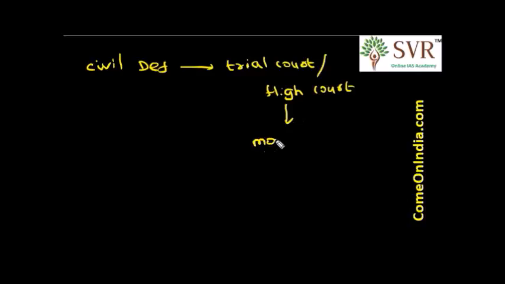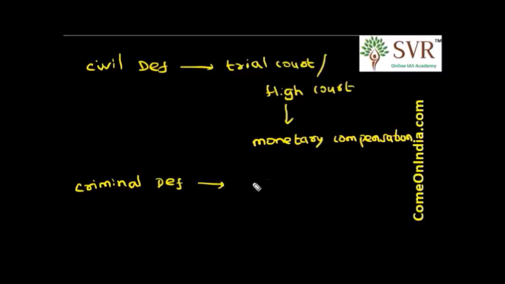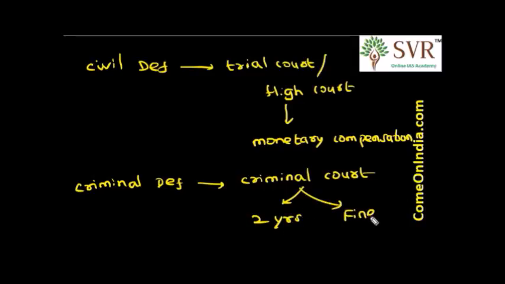So under civil defamation, only monetary compensation is sought, whereas in criminal defamation, a defamed individual has to move the criminal court. If the case is proven, the guilty will face a 2 year jail term and fine.